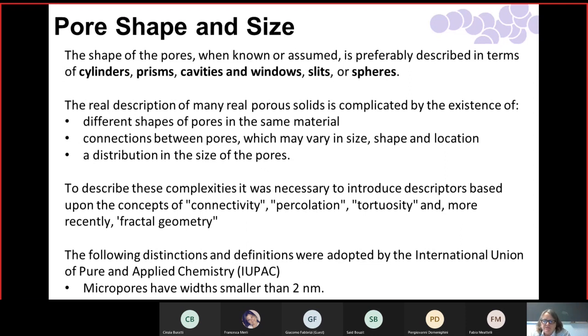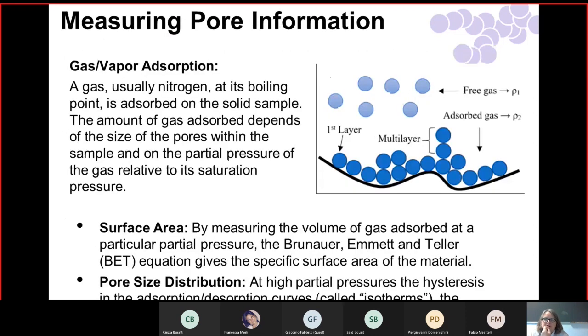They work with the mesopore, and you can estimate the micropores too. But so the method used for this is gas or vapor adsorption, and so a gas, and usually nitrogen is used, at its boiling point is adsorbed onto a solid sample.